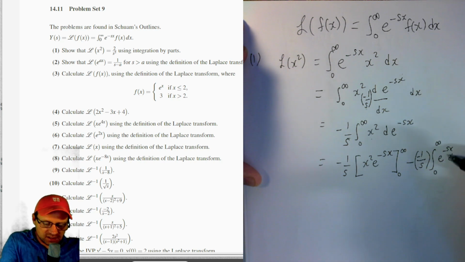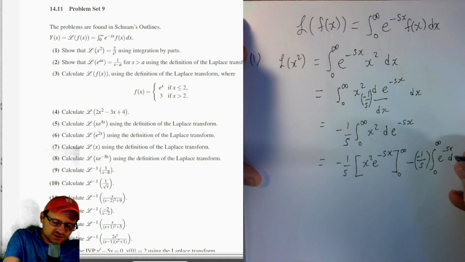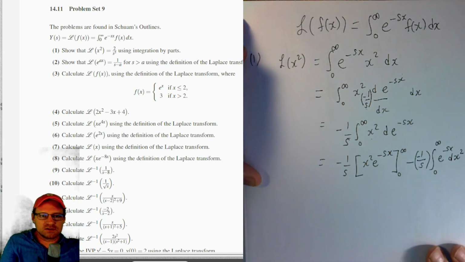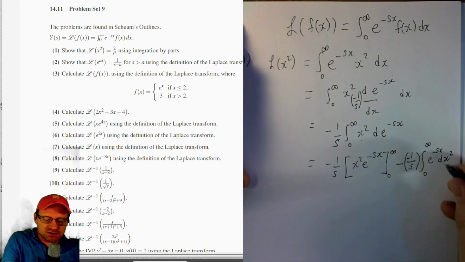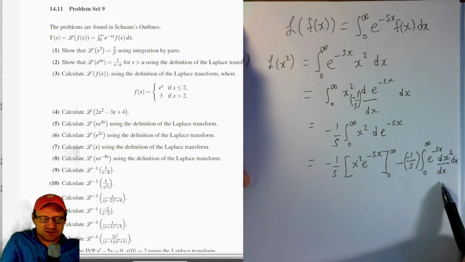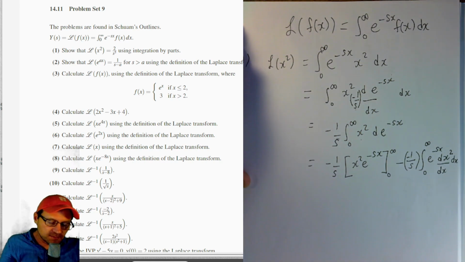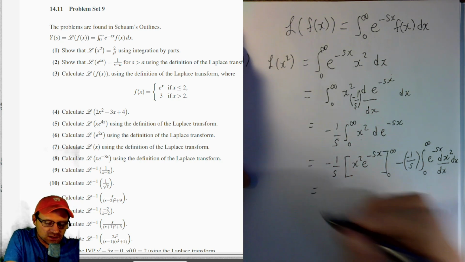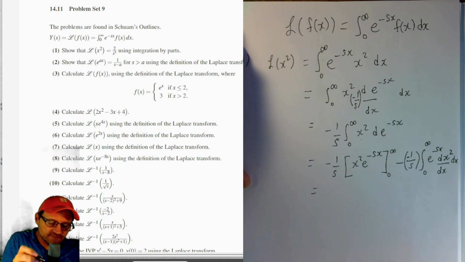So the integral of e to the minus sx with respect to x squared. And now remember what you can do: you can put in dx over dx. So we can view this part as a derivative by a substitution. Now the derivative of x squared with respect to x is 2x.